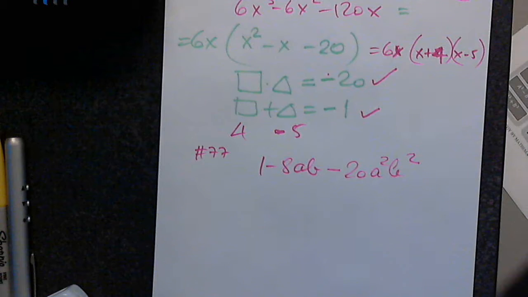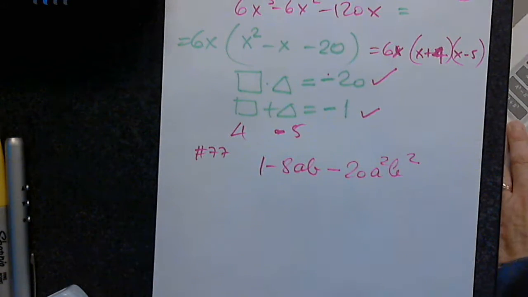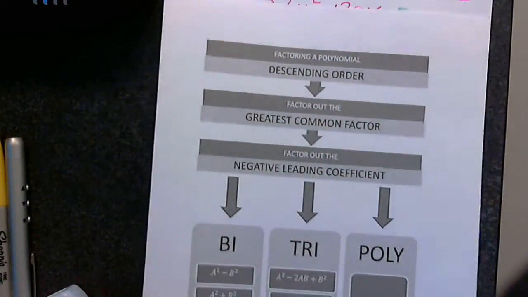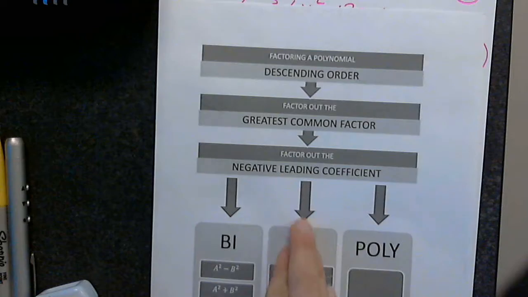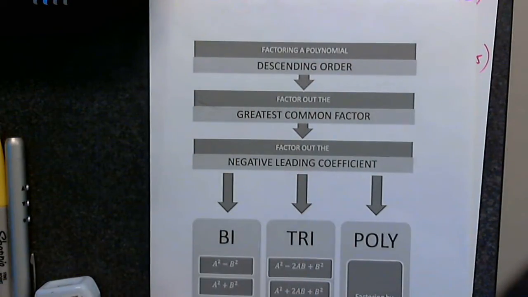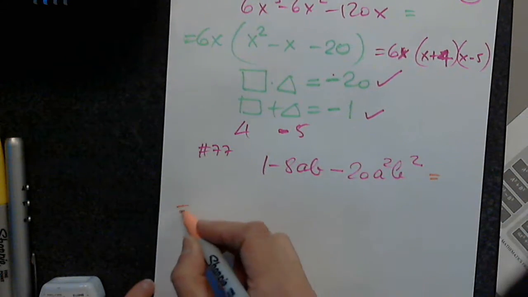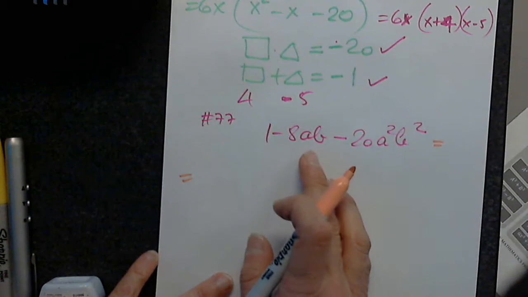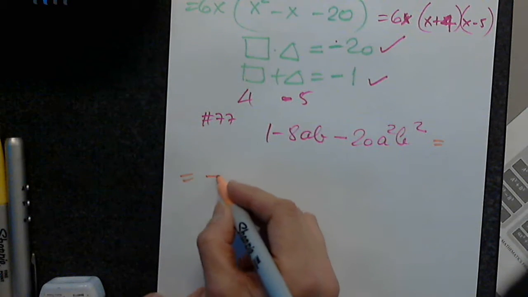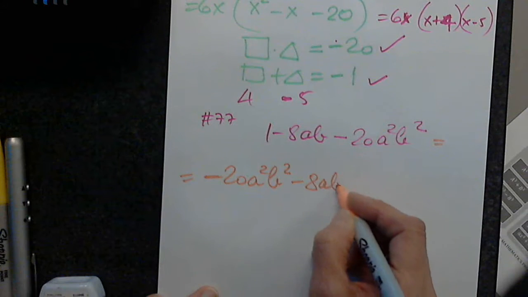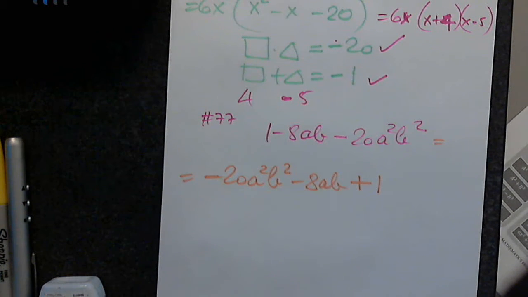Okay. Back to the strategy. What is it? Correct. So all the focus will be here. Descending order? No, it's not in descending order. So a squared b squared, ab, no ab. So negative 20a squared b squared minus 8ab plus 1 will be the first step.